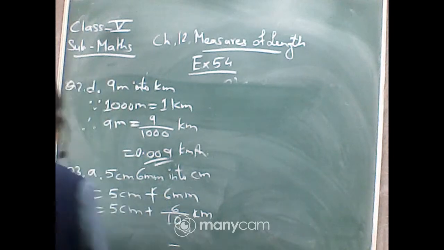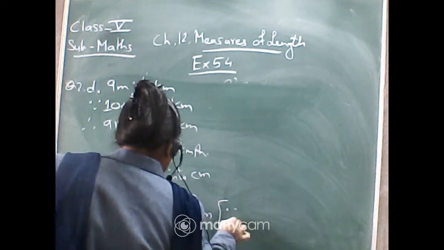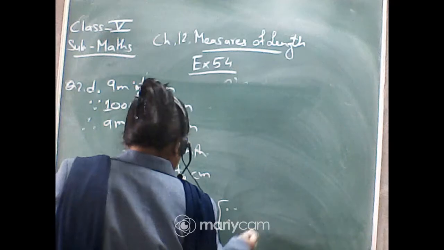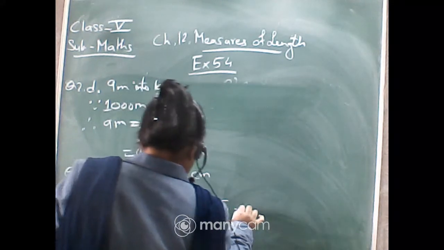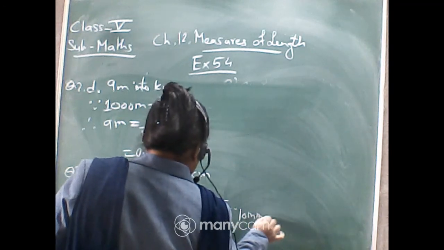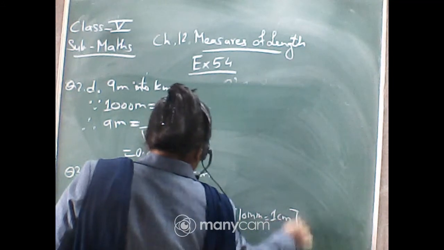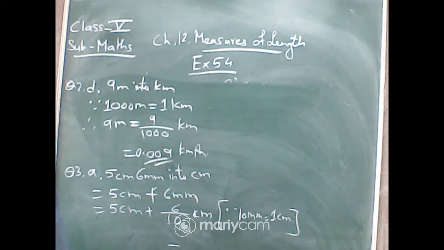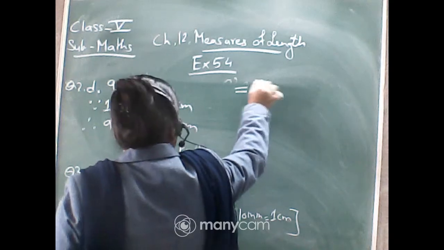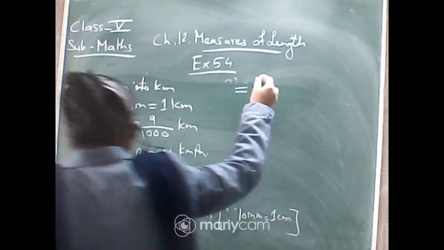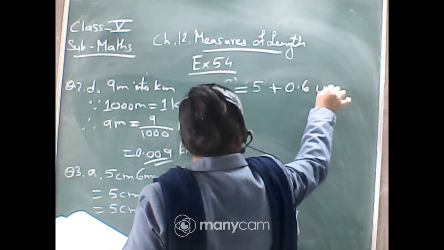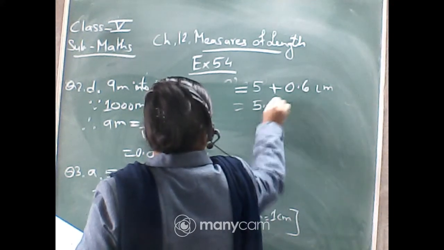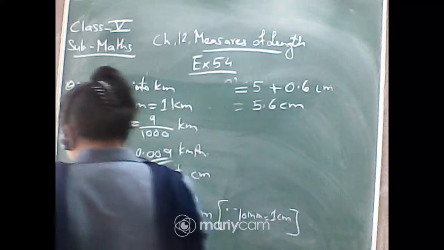You have to write that since 10 millimeter is equals to 1 centimeter, therefore 6 millimeter is equals to 6 by 10. And when you solve, this will be 0.6 centimeter, or 5.6 centimeter will be the answer.